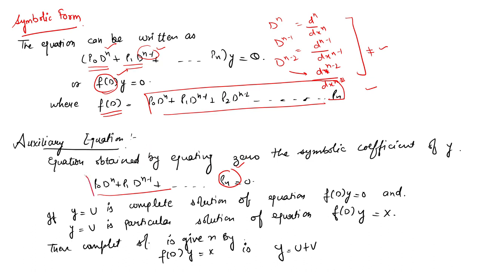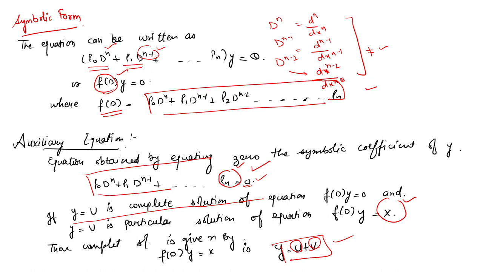Now, if we solve this equation equal to 0, then this is known as your complementary function. Suppose that it is not equal to 0, it is some value. Then we have to find its particular integral, and together they are known as its complete solution.